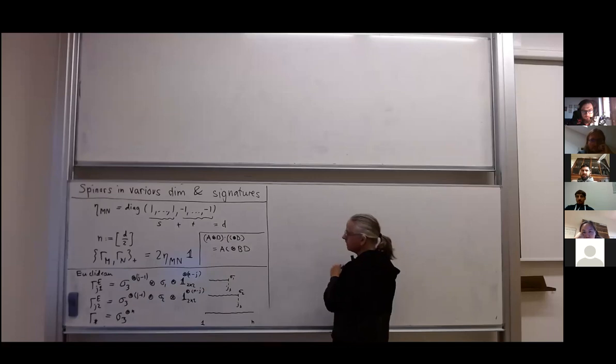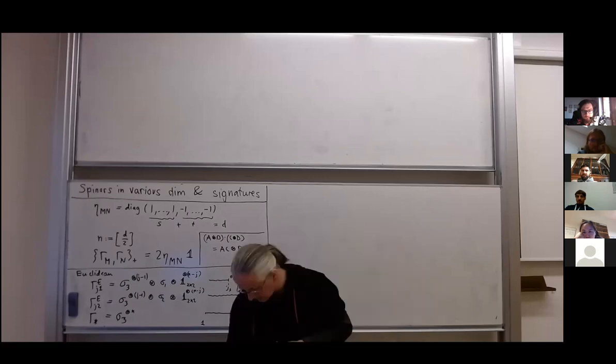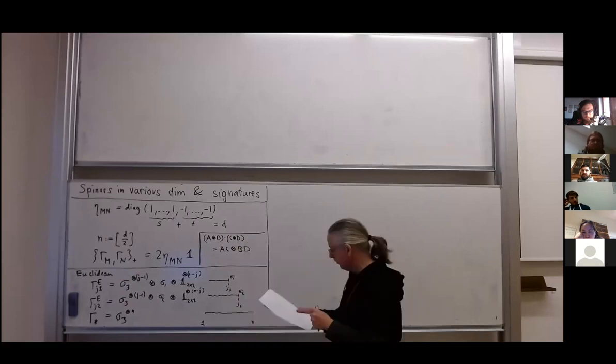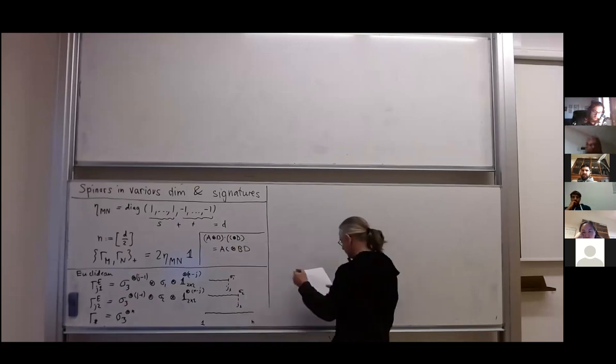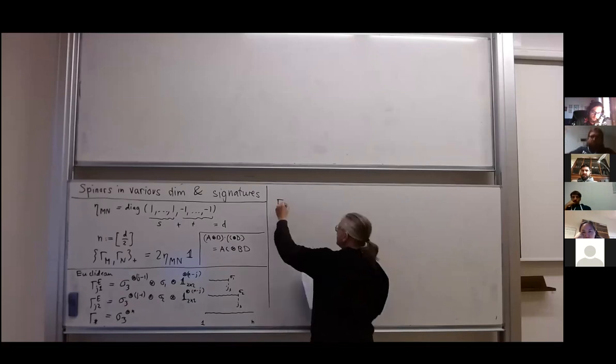So the arbitrary signature is basically just that we put in some i's in the temporal directions. So gamma m is an arbitrary signature.